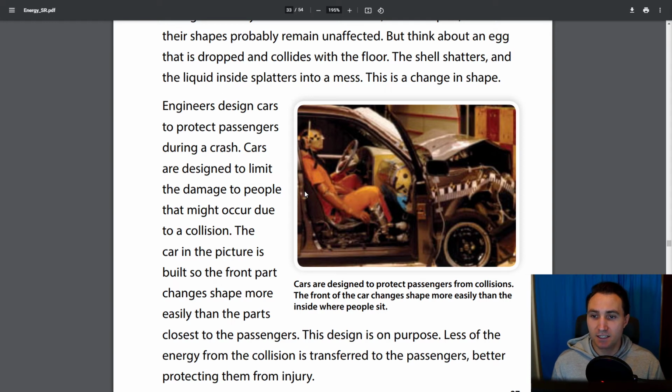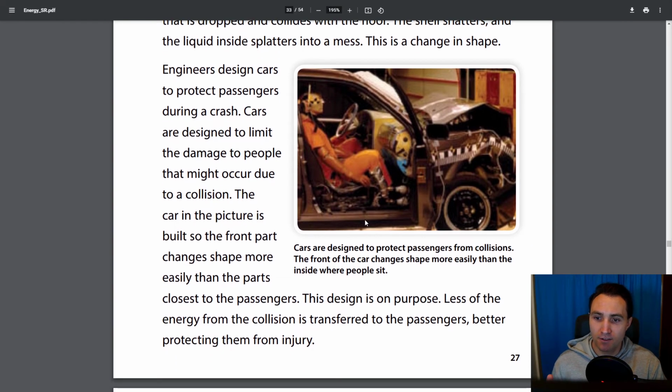So engineers design cars to protect passengers during a crash. Cars are designed to limit the damage to people that might occur due to a collision. Two cars hitting each other, a car hitting a building, a pole, some kind of object. The car in the picture is built so that the front part changes shape more easily than the parts closest to the passengers.